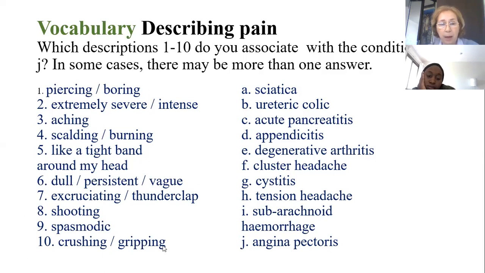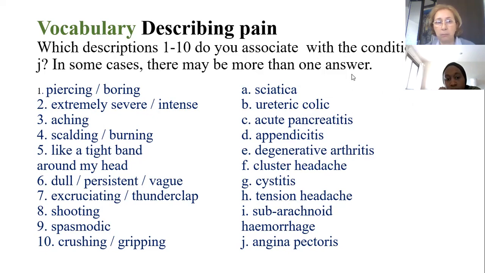I think most of them are familiar to us, right? So we understand the meaning of these adjectives. And to the right, there is a column with the names of different conditions, with which the pain is associated. So the question: which descriptions from 1 to 10 do you associate with the conditions from A to J? In some cases, there may be more than one answer.